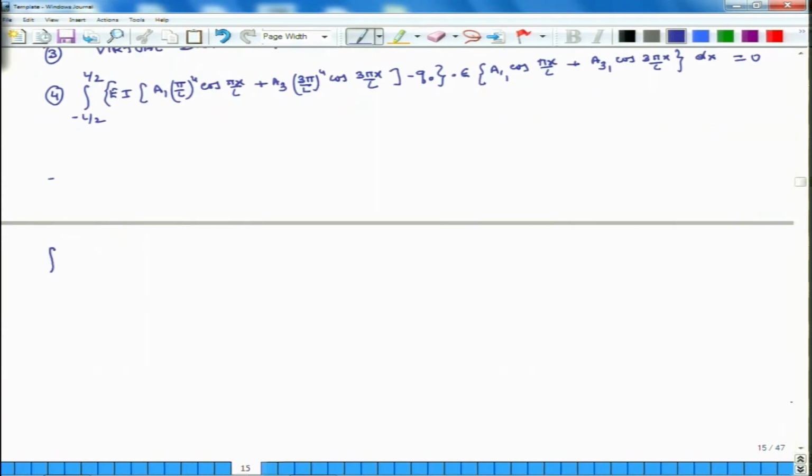So, what I get is the integral from minus L over 2 to L over 2, and first I multiply everything inside and collect all the parameters which are multiplied by A11.